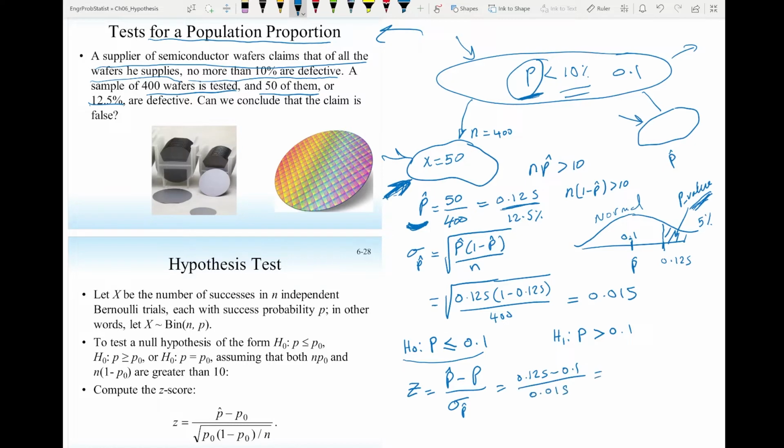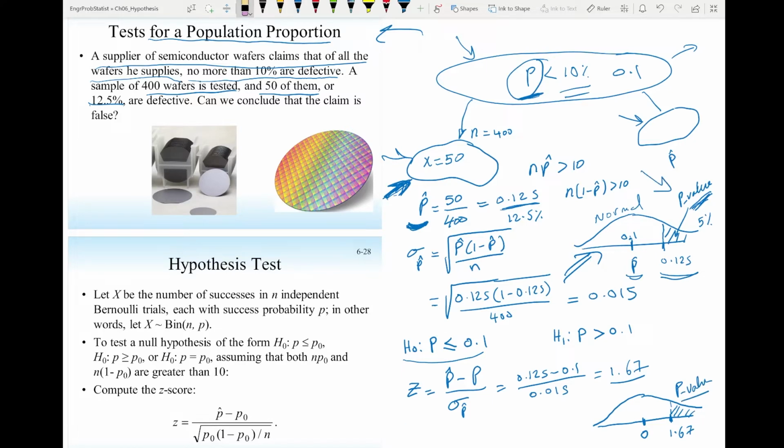And if we calculate this, it comes to 1.67. So now in the equivalent standard normal distribution, instead of 0.1 it will be 0, and instead of 0.125 it will be 1.67. So now I can use the table to find this p-value, which will be the same as this one.